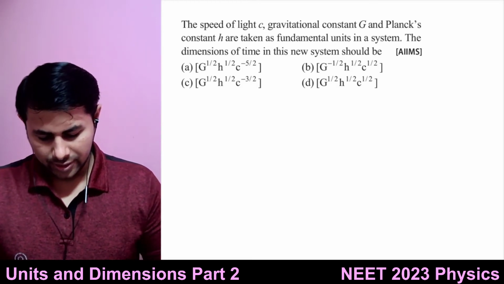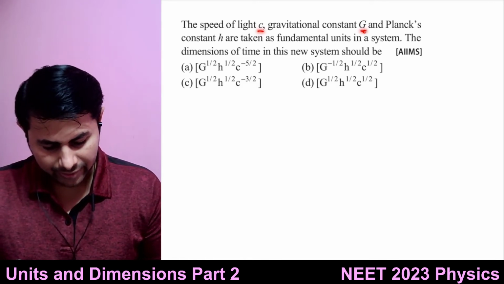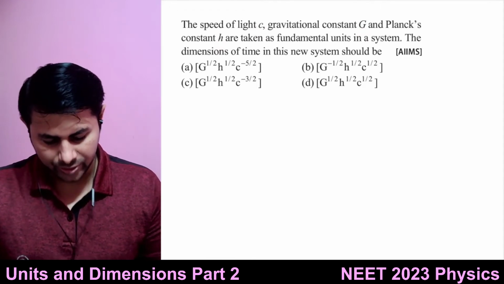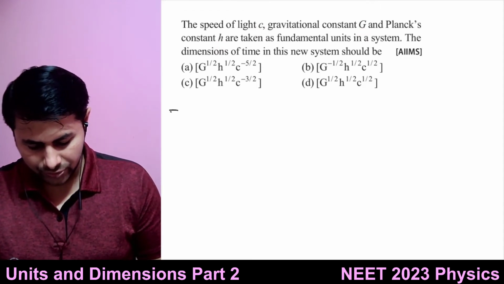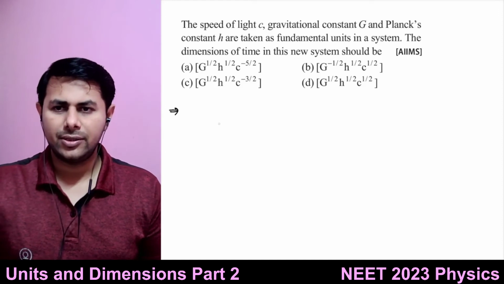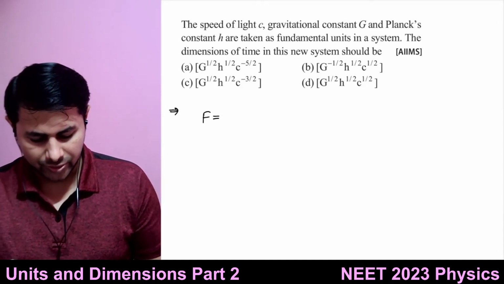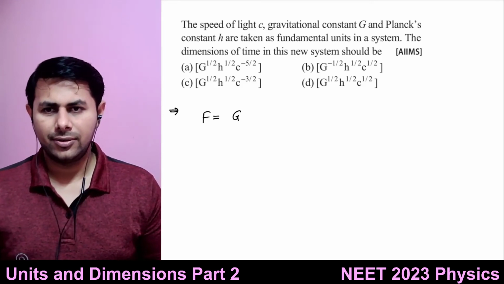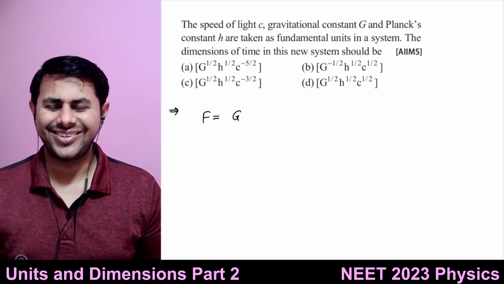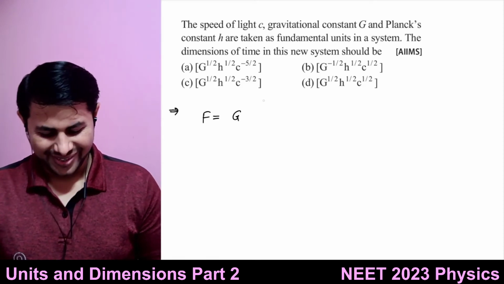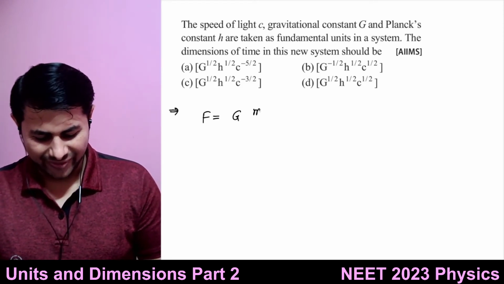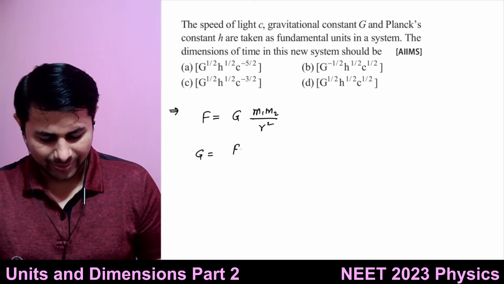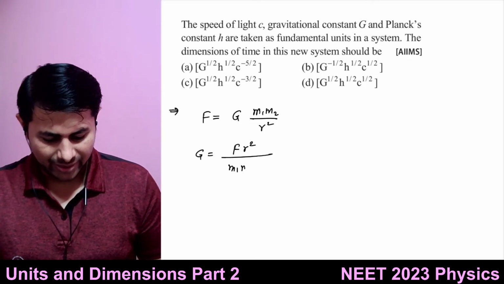Okay, so speed of light C, gravitational constant G, and Planck's constant. All right, so can we build time using these? Do we know the dimensions of G? For that, we have to use this formula. Force between two masses is equal to G M1 M2 upon R square. So G is equal to F R square divided by M1 M2.